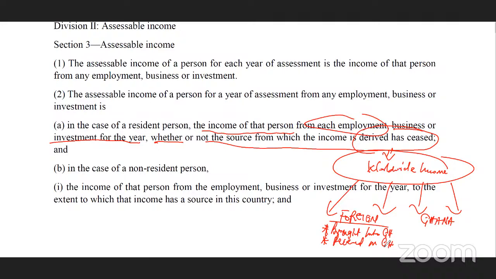Do we all agree that if I bring income from a foreign country into Ghana, then it has a foreign source? True or false?